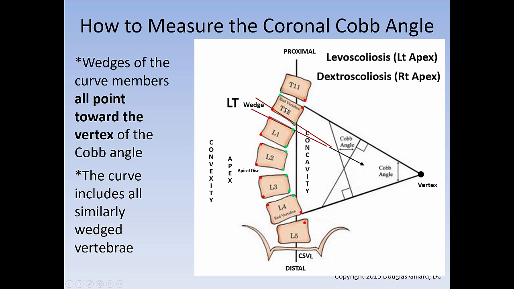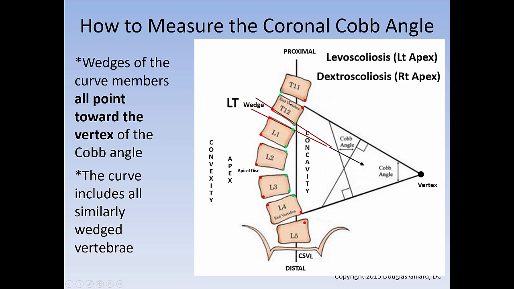Then you take the highest member that is most away from a horizontal line, the most tilted, in other words. The same is true down here. You take the one that is most tilted away from the horizontal line. Usually they're the most proximal and most distal members of the curve.